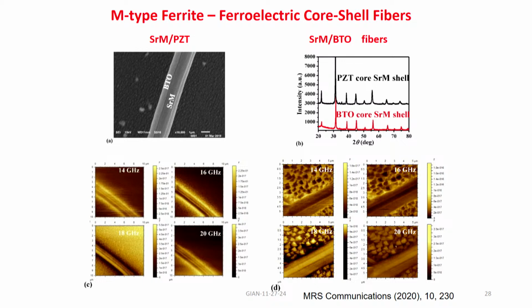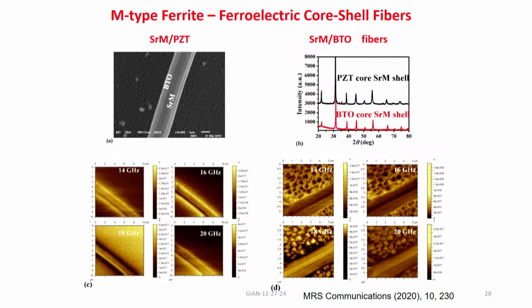Okay, so these are similar fibers with M-type ferrite and barium titanate for the ferroelectric phase. Once again, this is X-ray diffraction, and these are scanning microwave microscope pictures for the core and the shell.